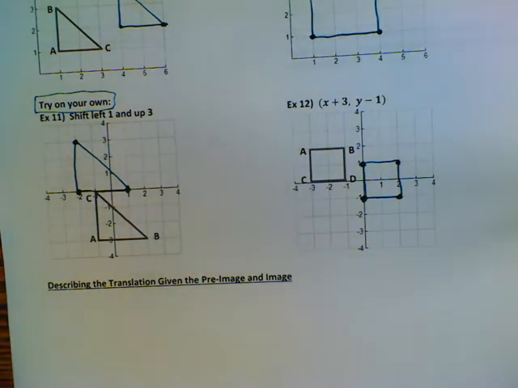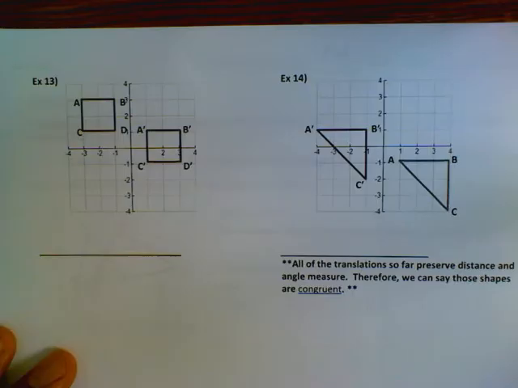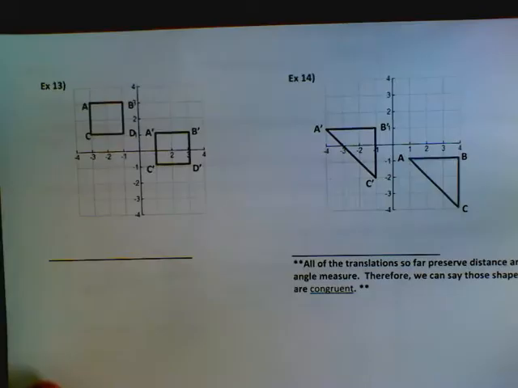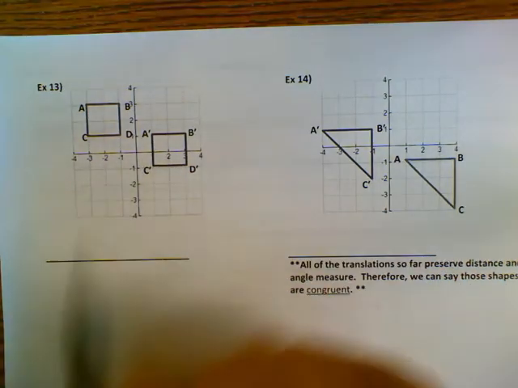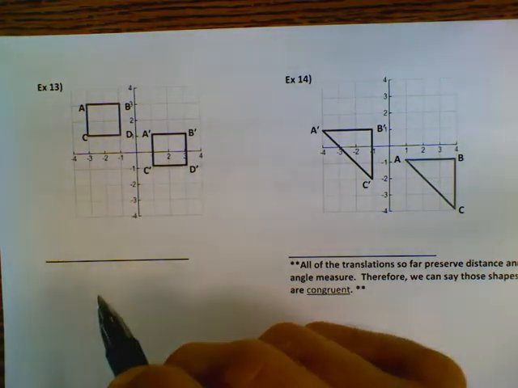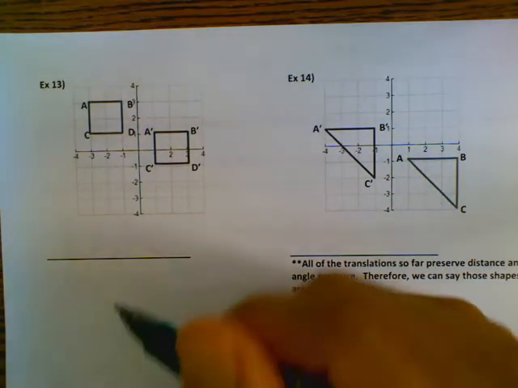All right. I've shifted left 1 and up 3 on all of those points. So in this last part, all we're asked to do is describe the transformation, and we're supposed to be describing it with mathematical notation. Okay?